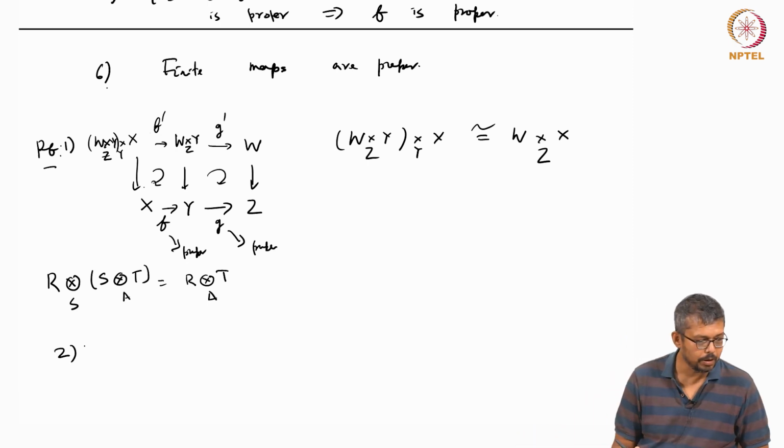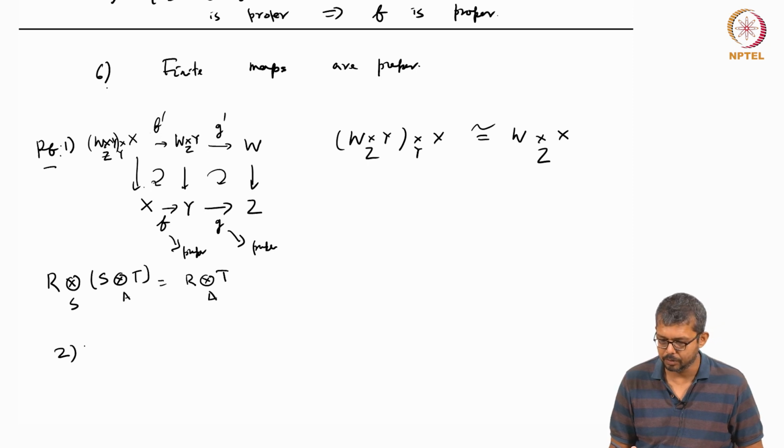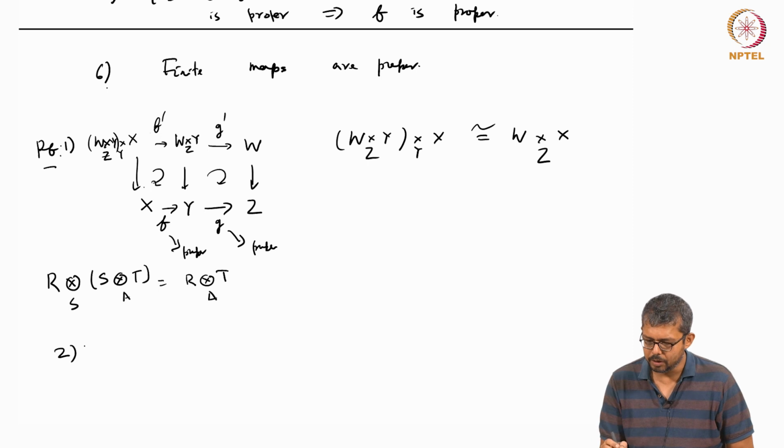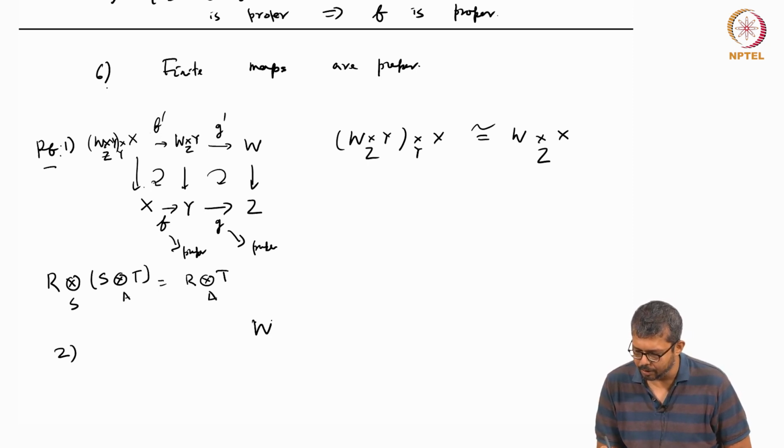Now, the second one is what? Yeah. So, this is also similar, because what it says is that under base change it is proper, right? So, suppose Y, okay, let us write X to Y, X to Y. Now, you get a W cross X, f prime.